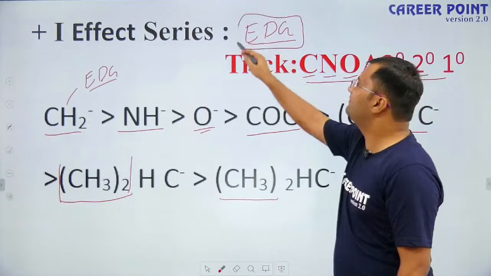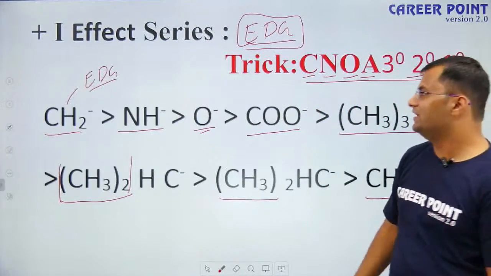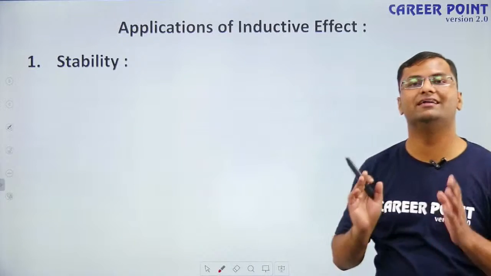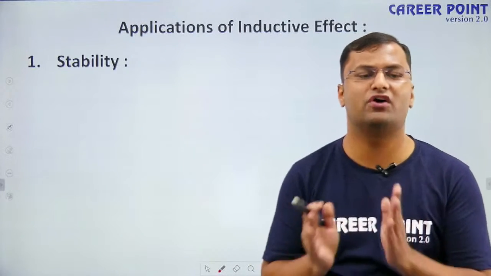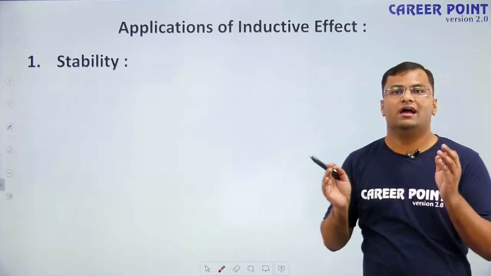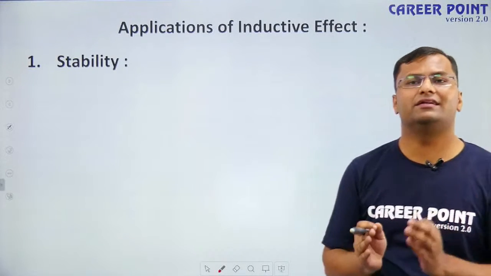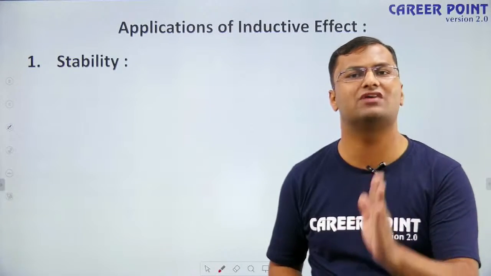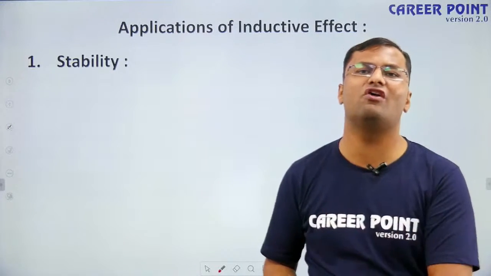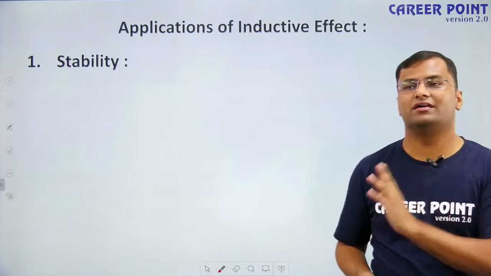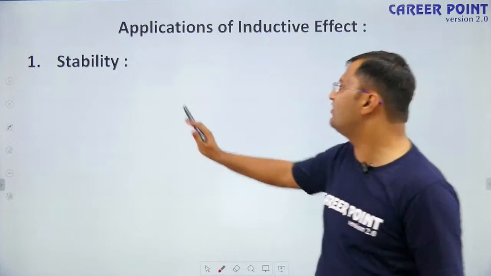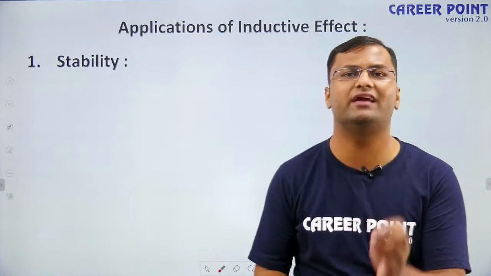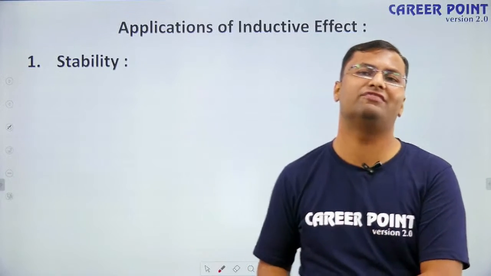Now we will go further to the application part of the inductive effect. Clear? Now in NEET, two types of questions are always asked: either on the stability of carbocation or stability of carbanion, and second, finding out the acidity order of different compounds.